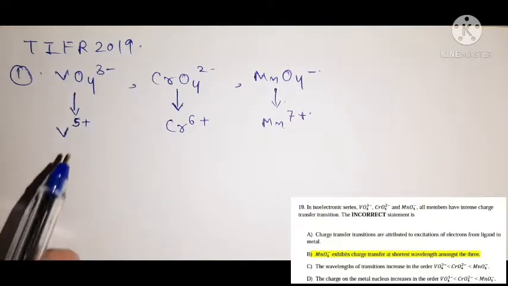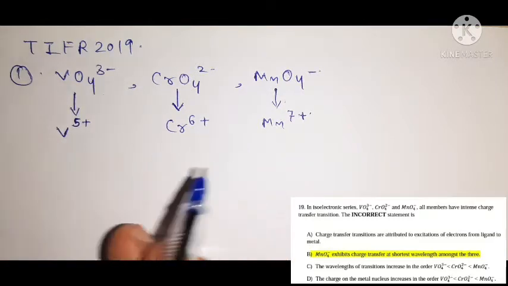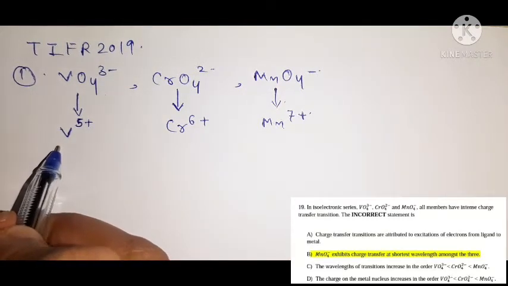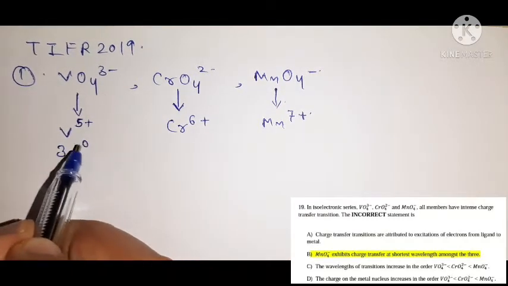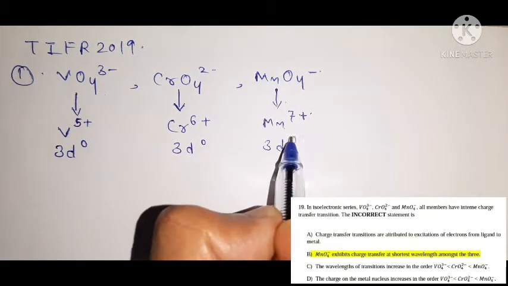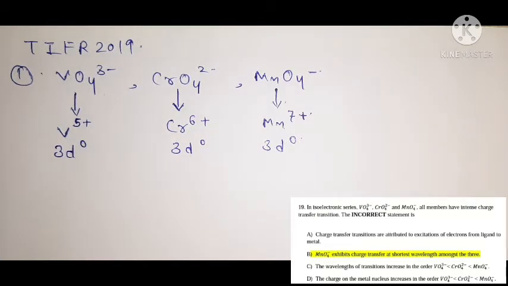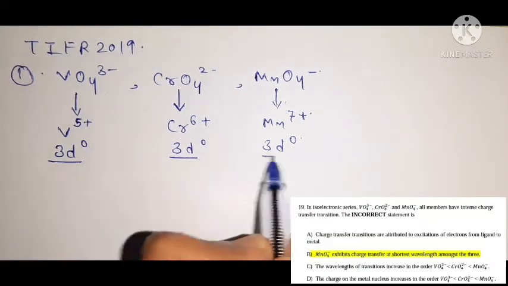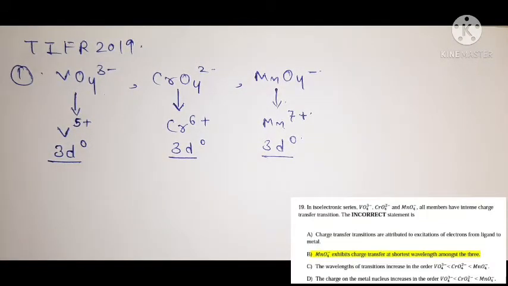Now on the basis of these oxidation states we clearly say that their electronic configuration is 3d0 and 3d0. That's why these are known as isoelectronic species, because their electronic configuration is the same, the number of electrons is the same in these complexes.